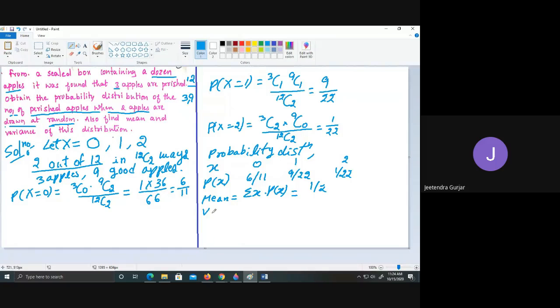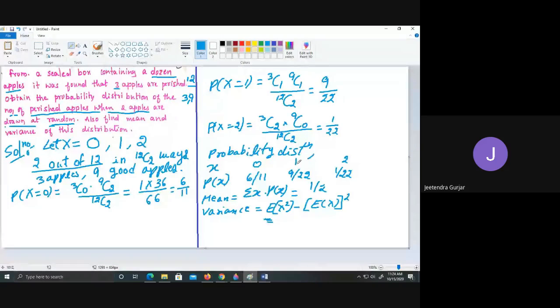Similarly, you can try for the variance, students. What is the formula for variance? Yes, it is E of x square minus E of x, whole square. Please calculate now. So E of x square is what? 0 square into 6 divided by 11 is 0.